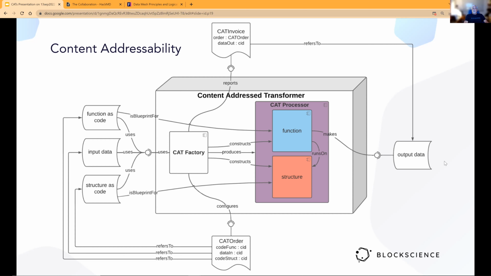So in this picture, we've got again that CAT node. Here we're calling it a processor. The function and the structure are there.